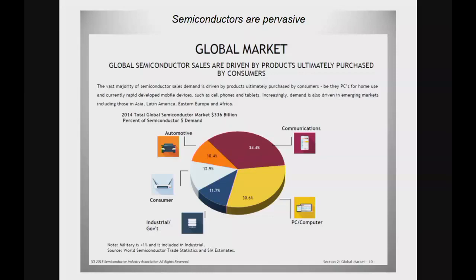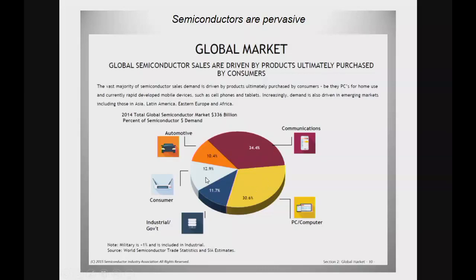So in terms of the breakdown, you can see that about 10% goes to automotive technology, so the control systems on your engine and the communication around your car. Communication technology is part of your mobile phone, of course, but also digital servers and that sort of thing. PCs are about a third of the market.